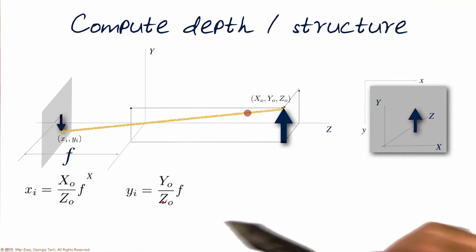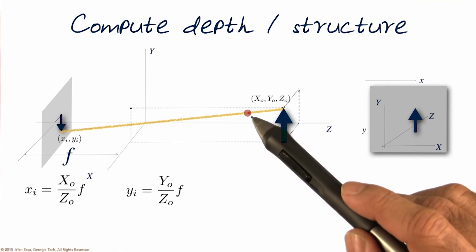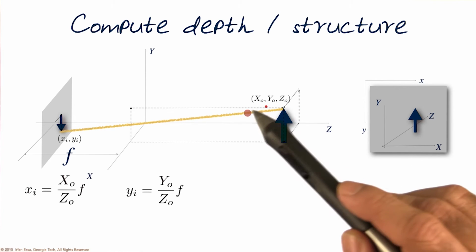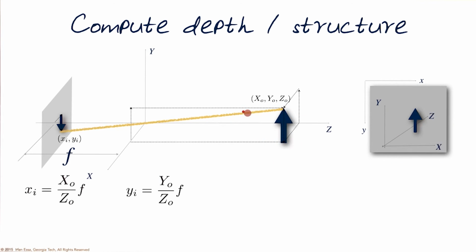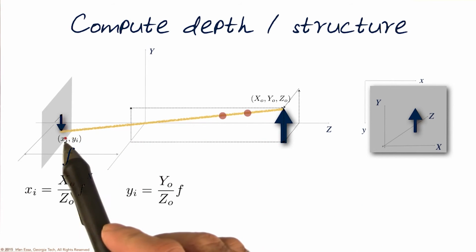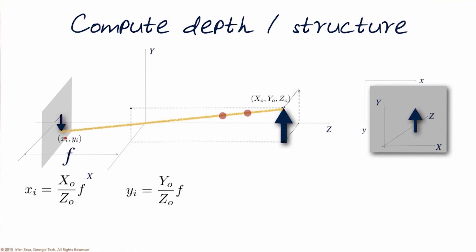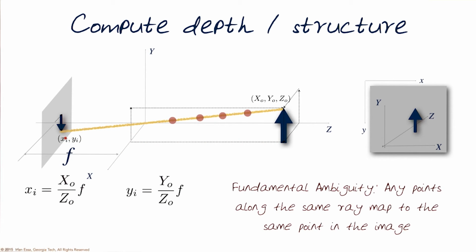So in essence, this equation would apply the same if this point was here. So this point here could actually be at this location. Same equations would apply. Also, if I can basically find any point on this line here, which is the ray of light that's going through this point. The point I wanted to emphasize here is there is a fundamental ambiguity.